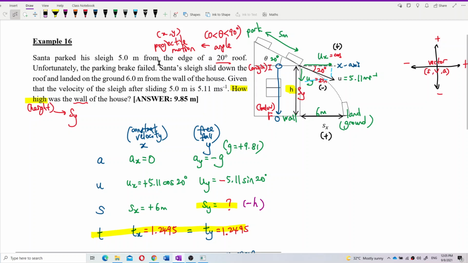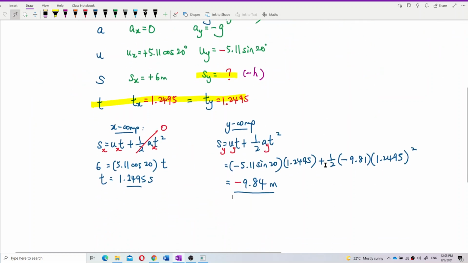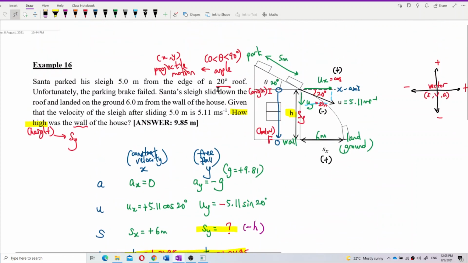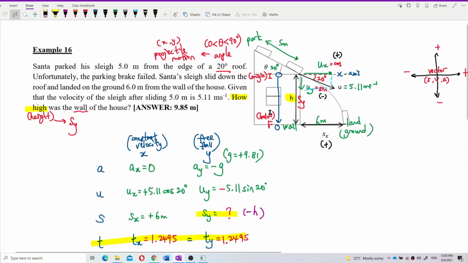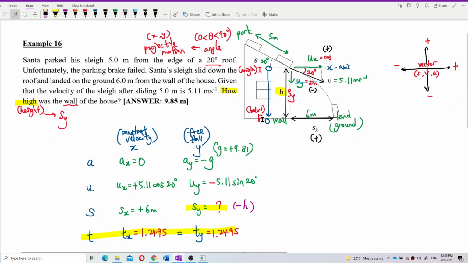Is it in meter? Yeah, or in SI unit meter. You must check, is it kilometer or meter? Okay, so it is meter. Now the y displacement is negative. What does it mean by negative? Yeah, correct, because I already predicted, the final point is below origin, so the Sy should be negative.